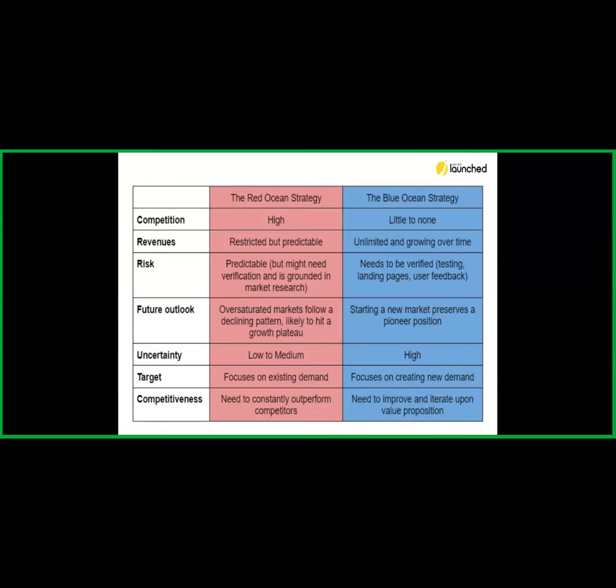Near railway stations you will see them, near some bus stands also, and in the vicinity of airports you will see these types of hotels coming in. And the last parameter is competitiveness.